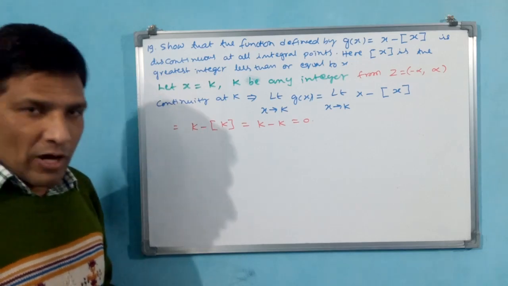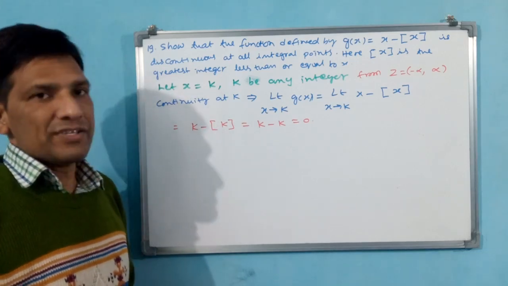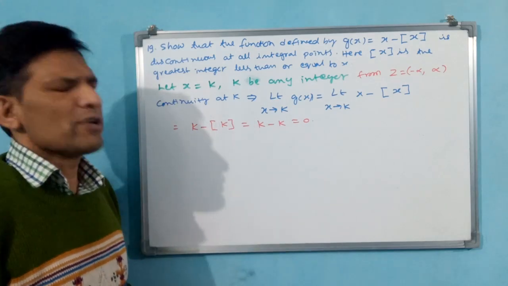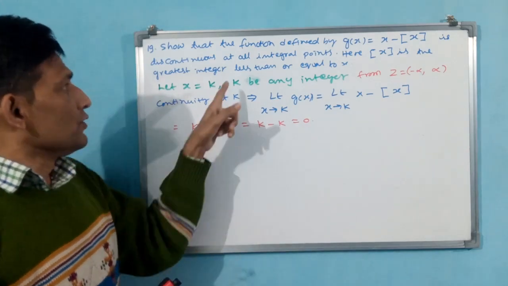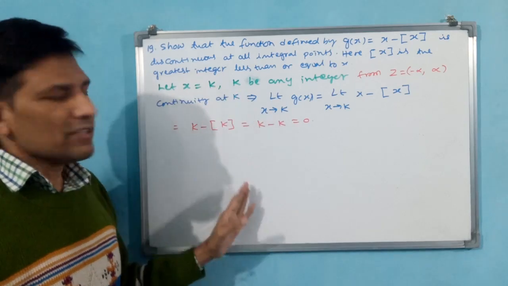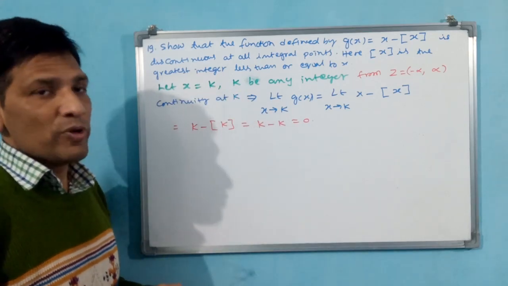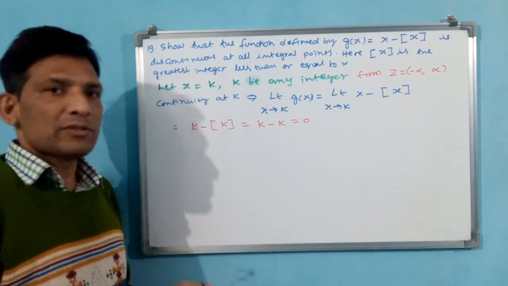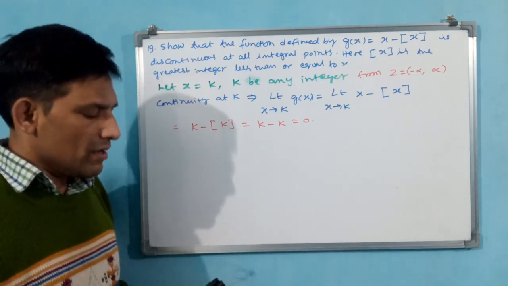Why? Because normally we take Z for integers. Some books give I also for integers. This should be an integer, or else our theory is going to fail. Keep that in our mind. Why? Because real numbers you should not take. Real number means 1.5 is also a real number.